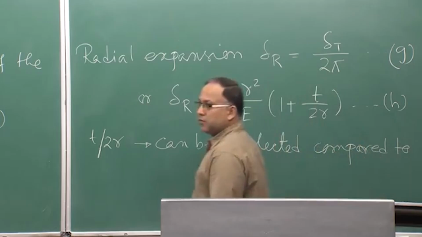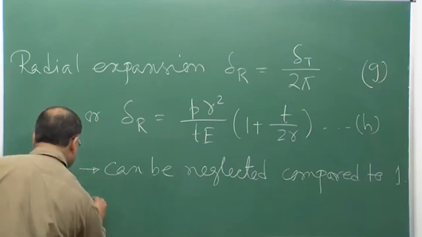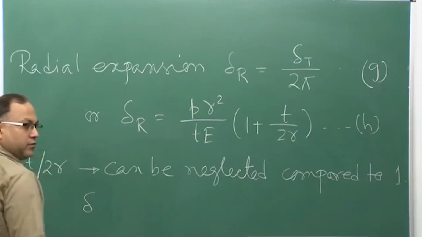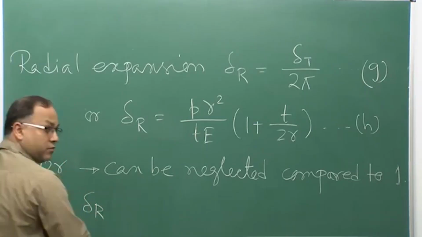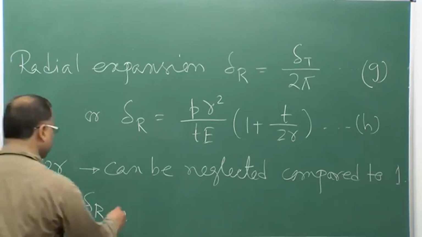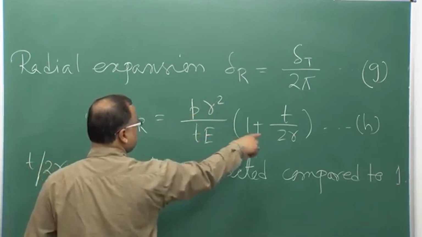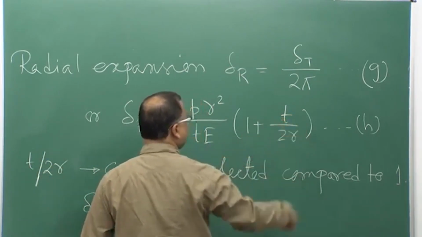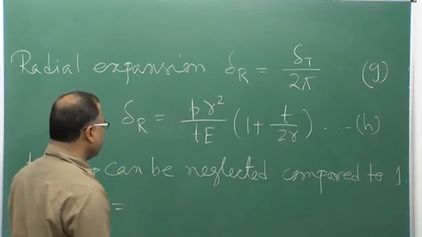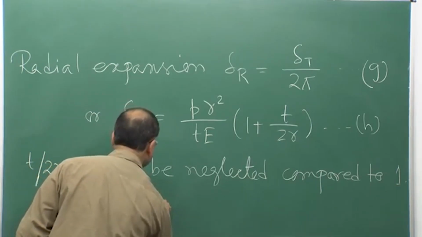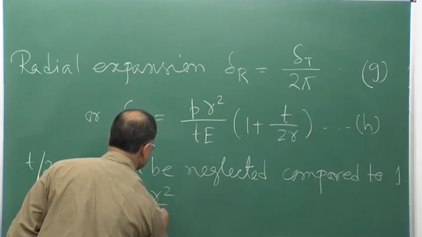Therefore, we can simply write delta r equal to, from this expression, T by twice r is very negligible, so we can neglect this part. Simply, it will be coming as p r square by T e.